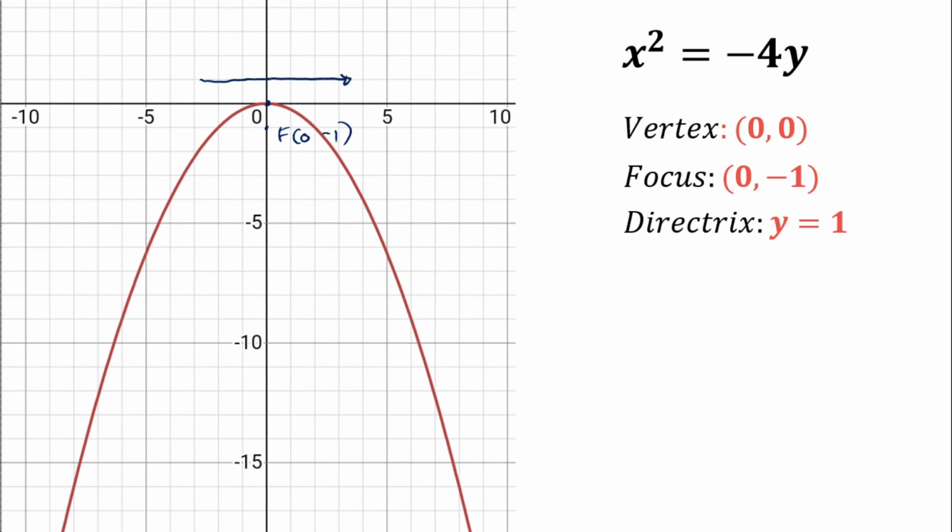Okay? So, yung line na yan is the directrix. That is y is equal to 1. Tapos, yung axis of symmetry naman ito. Since nasa origin siya. So, yung vertex natin is at x equals 0. Okay? So, this is the vertex, this is the focus, the axis of symmetry, and the directrix.